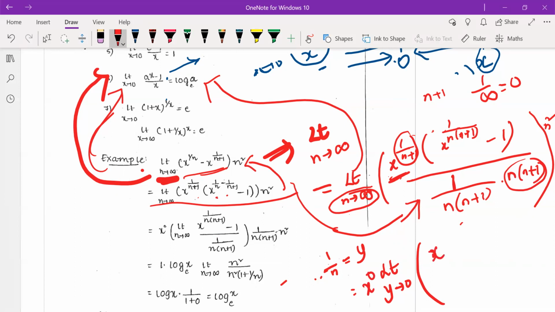Next 1 by n into n plus 1. That means 1 by y into 1 by y plus 1, minus 1 by y into 1 by y plus 1.